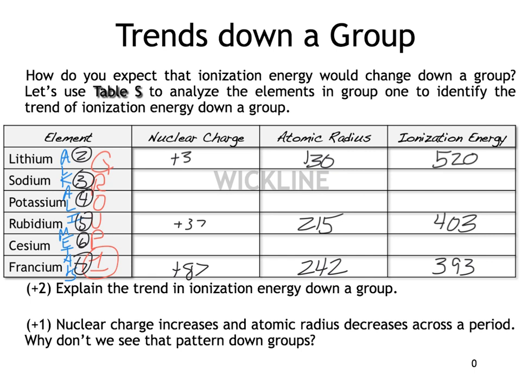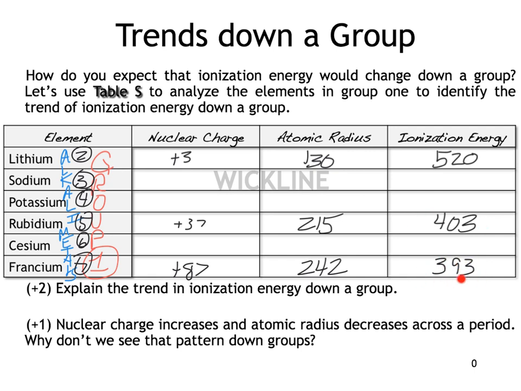Let's make the example a little more extreme. Let's move on to francium, and we'll have 87 protons in the nucleus. Francium also has 7 orbitals. It's a lot of orbitals. Despite the fact that it has a nuclear charge of 87, those 7 orbitals will give it an atomic radius of 242, which is quite large for something whose nuclear charge is so large. So this is a large atom, mostly because it has 7 orbitals, and that large radius is going to lead to an even smaller ionization energy than rubidium's.